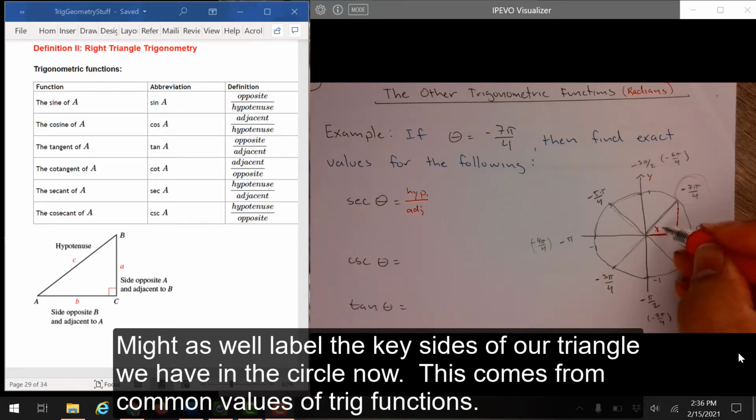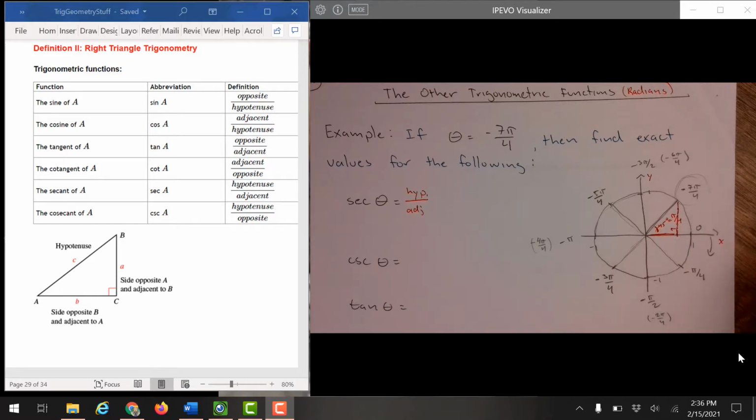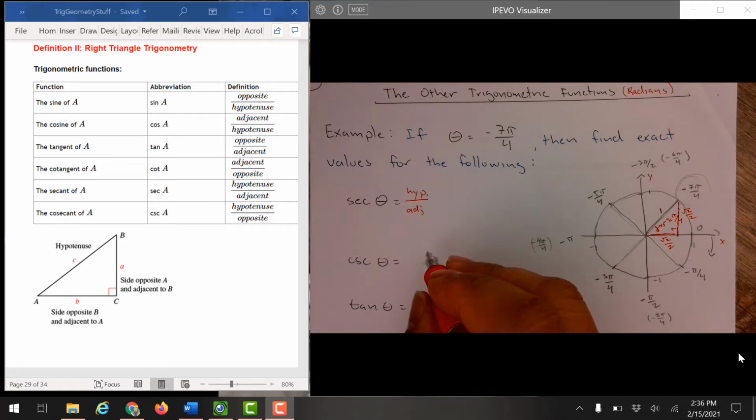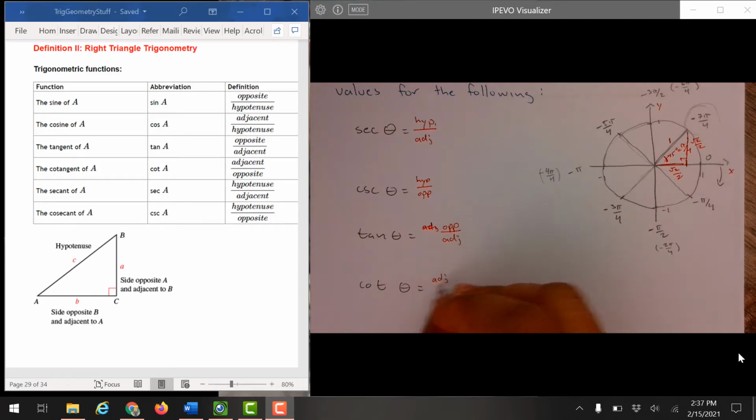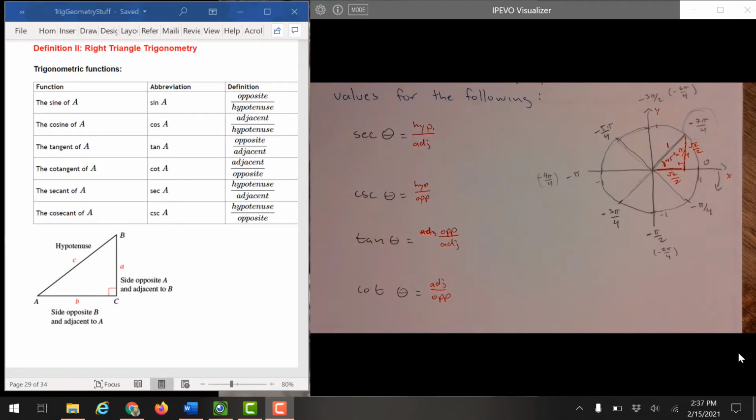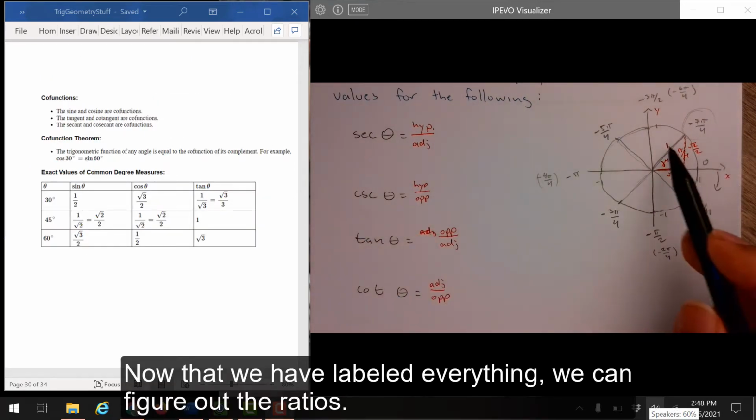This comes from common values of trig functions. Now that we have labeled everything, we can figure out the ratios.